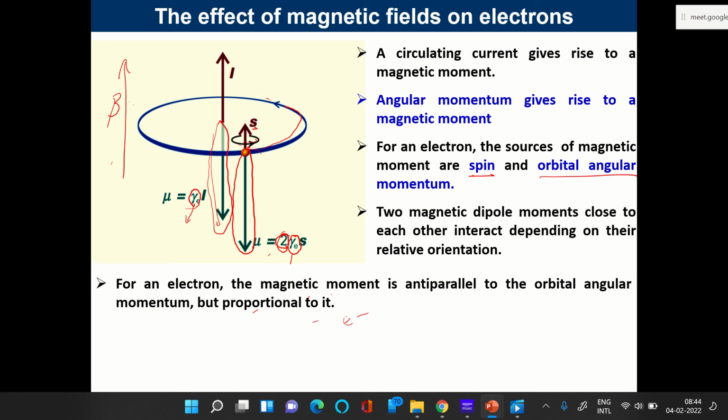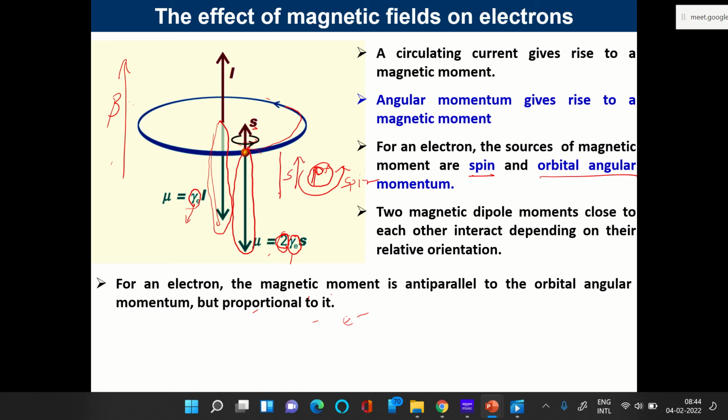In case you have a positive charge, imagine a proton spinning. Give it a spin, then the direction of angular momentum will be this spin angular momentum.